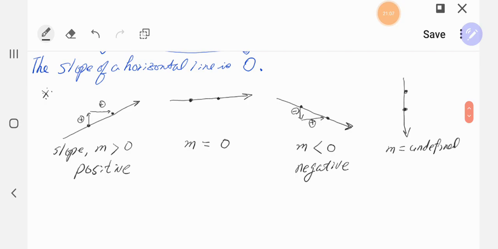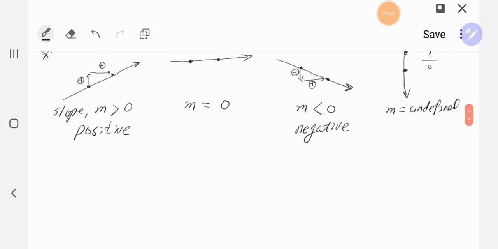The rise is something and the run is 0, so it's something over 0. So it's undefined. And the horizontal line is 0 over something, so that is 0.